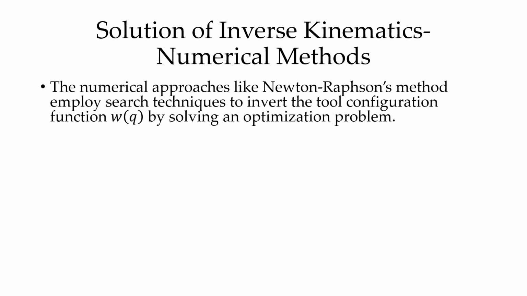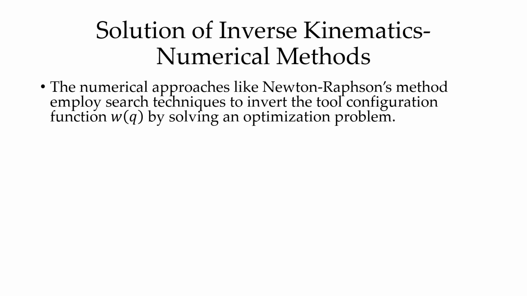So numerical methods such as the Newton-Raphson method can be used to find the joint coordinates when the coordinates in task space are given. So if the position and orientation are already given, we can find the corresponding values in terms of joint variables, and we can make use of some kind of optimization techniques.